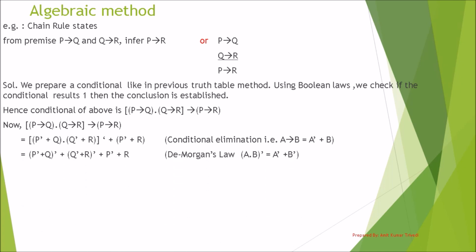Then we use De Morgan's. We have to simply distribute that whole complement of the square bracket to the inner terms by changing their sign. So it can be written as P complement plus Q whole complement, plus Q complement plus R whole complement, plus P complement plus R. We can further apply De Morgan's to break the inner brackets.